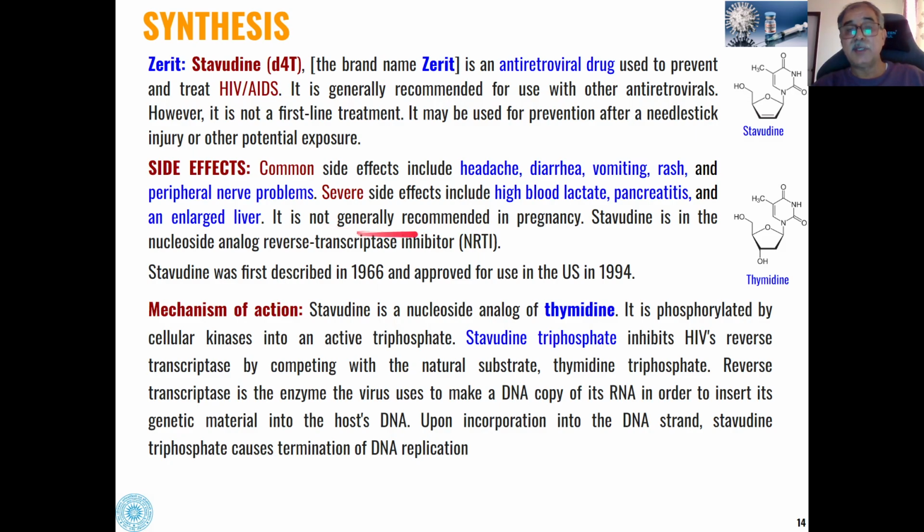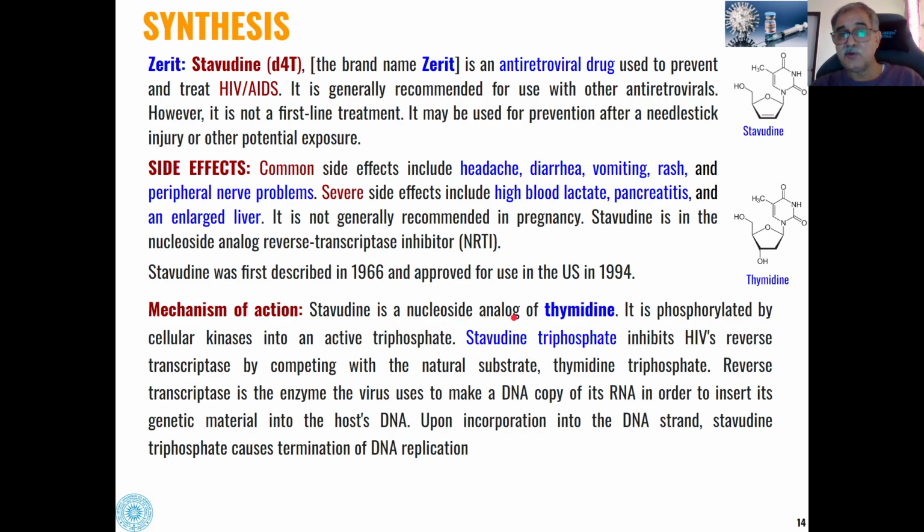But it is different in that it is not safe in pregnancy. So this is a nucleoside analog reverse transcriptase inhibitor. Again, that means it will inhibit the replication of RNA to DNA by inhibiting the activity of the reverse transcriptase enzyme.